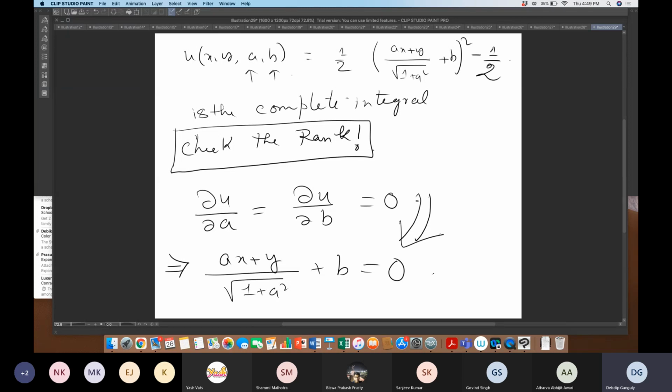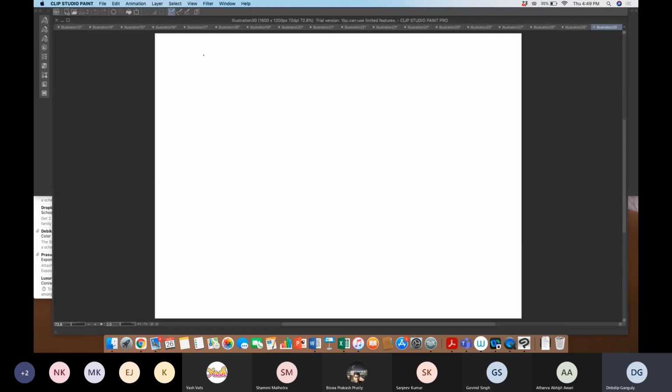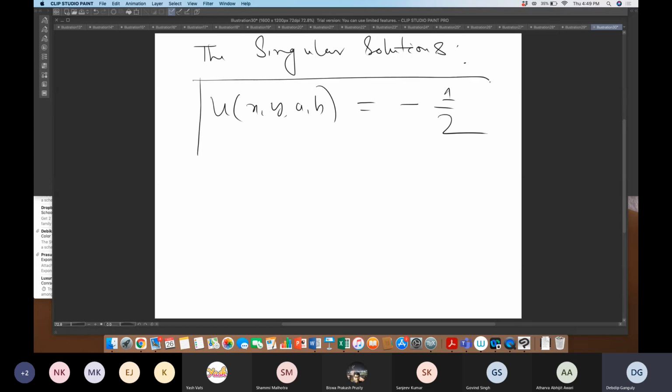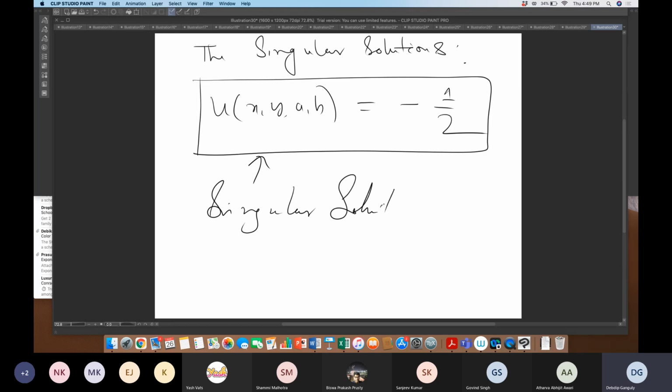That means the singular solution is u(x, y, a, b) equals minus half. This is the singular solution. Clear?